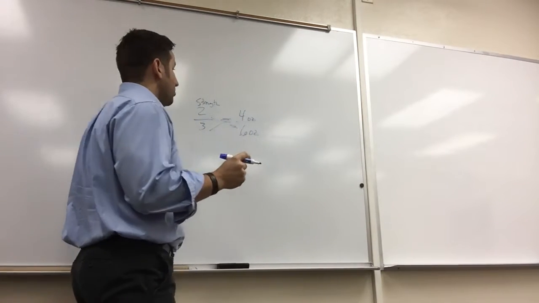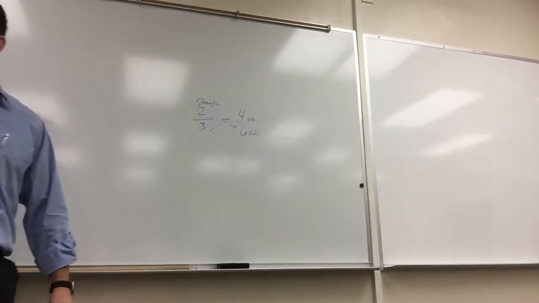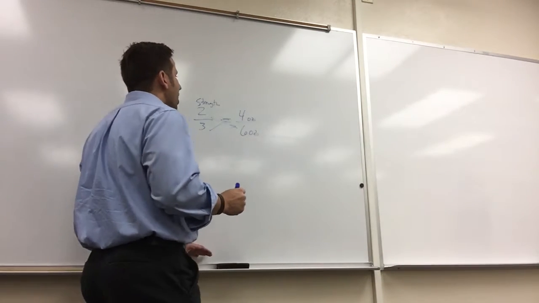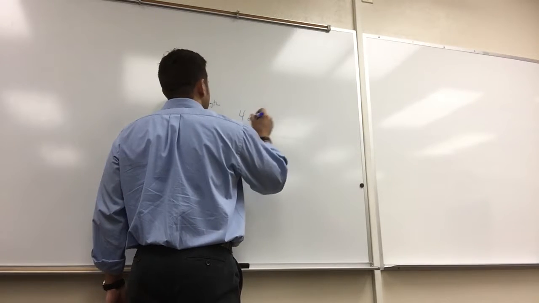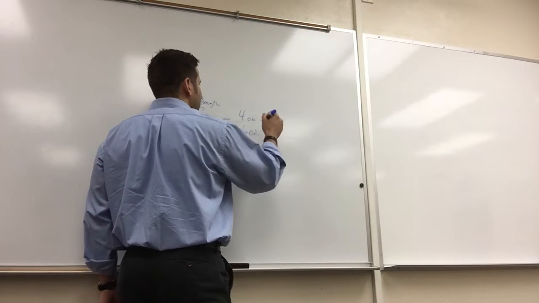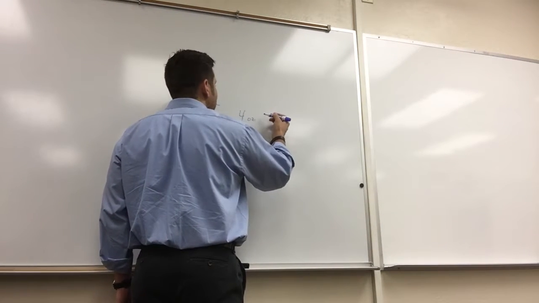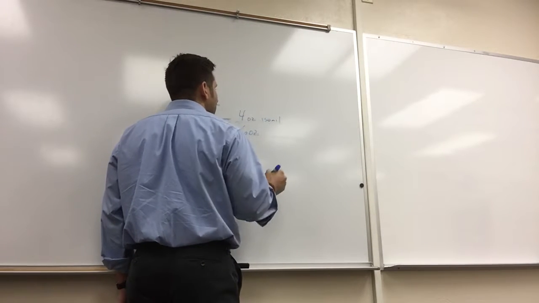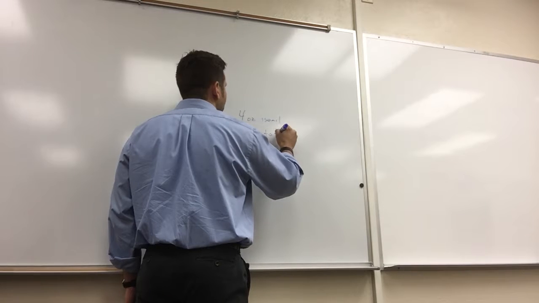Okay, so we're trying to figure out how much water to add or how much isomil to add. So this is how we would do it then. We know that we have 4 ounces. When it's 2/3 strength, this is 2/3, meaning the top is going to be the actual concentrate. The bottom is the total.